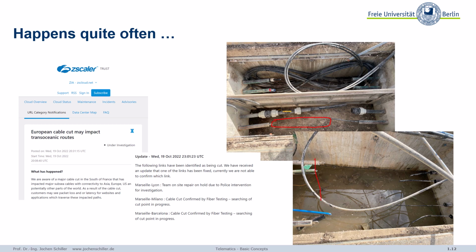Or here, someone really cut off many of the cables. So it's not that difficult to find out where the cables are. And this has a huge impact. So you can easily cut off a country if you know where the undersea cables come to land. And so there you really have a big problem.